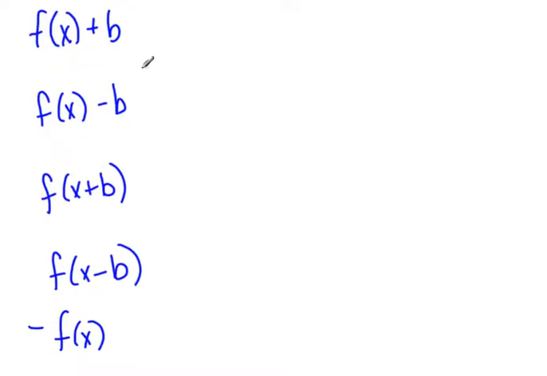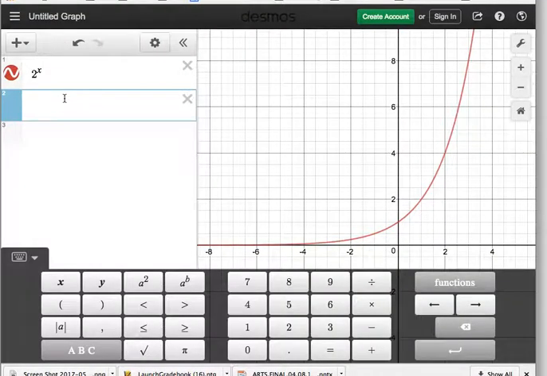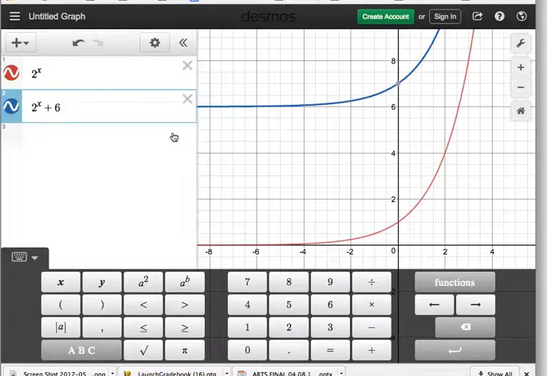Okay. So the first thing, if you add a number at the end, well, what that means is that I take what I have and I add a number at the end. And you notice that the red graph to the blue graph went up 6 units.